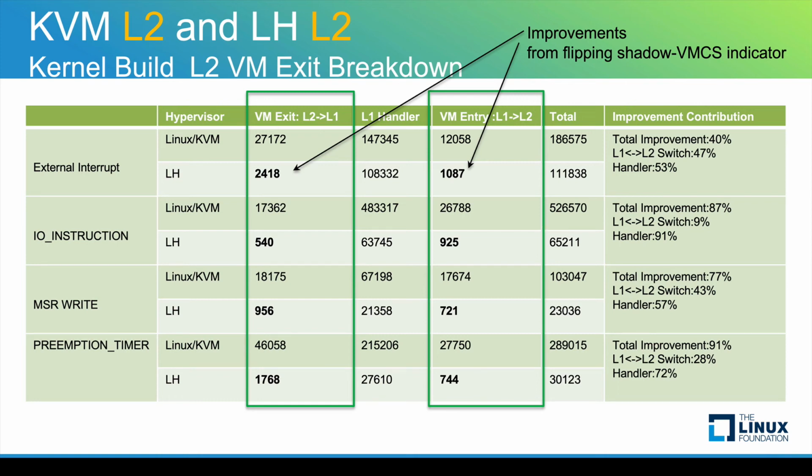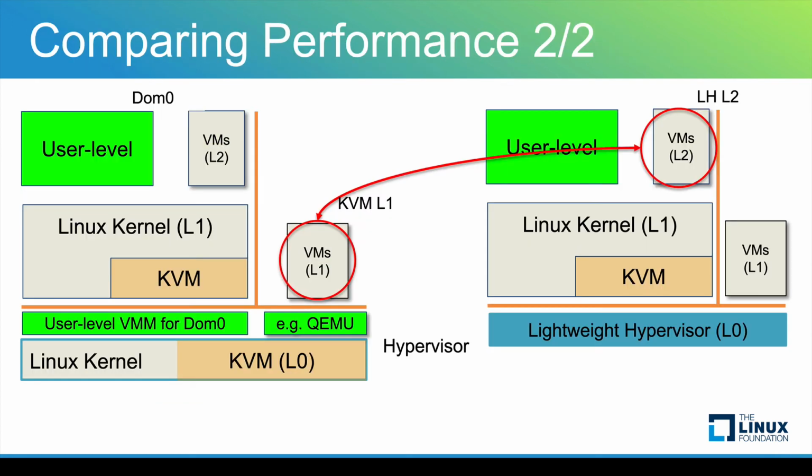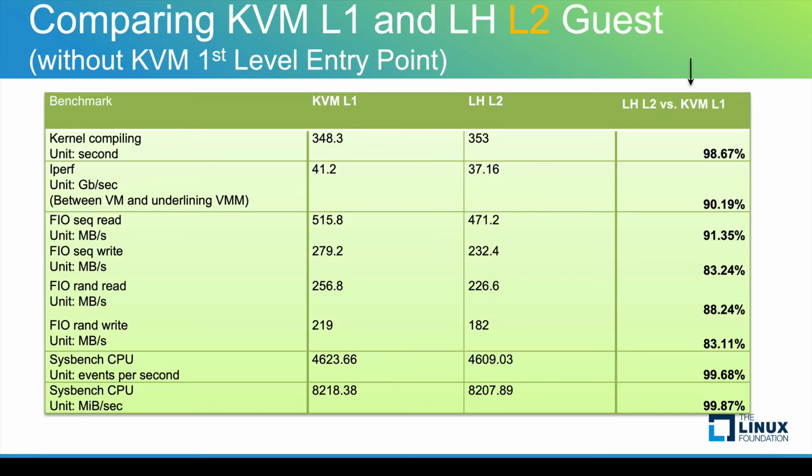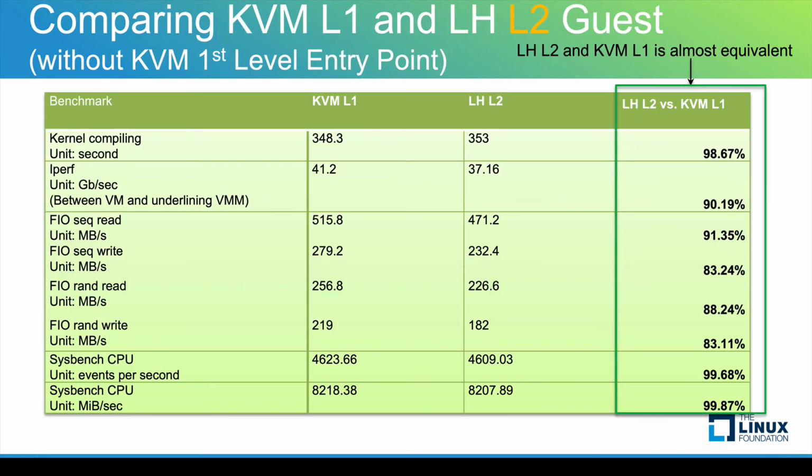So we have a very good L2 performance compared with the KVM L2. If we compare KVM L1 versus the L2 on a lightweight hypervisor, the result is it's almost the same. We have some regression in the I/O area at this point, but this is the first implementation, so we don't have any optimization for I/O at this point.